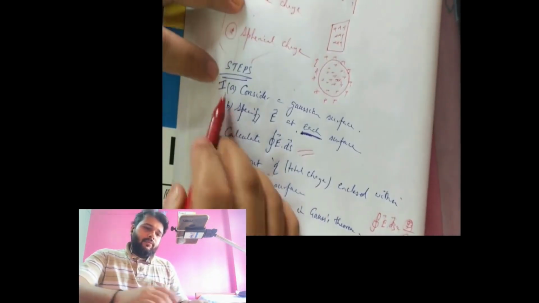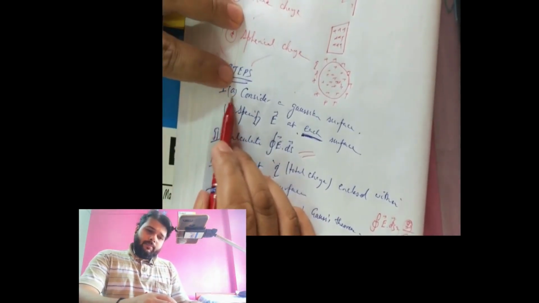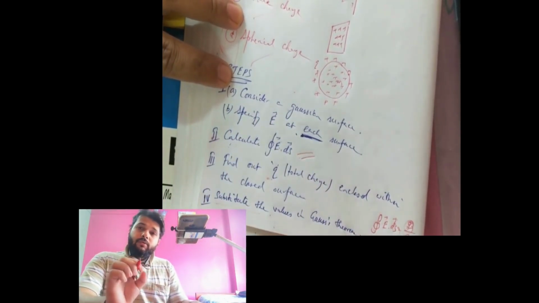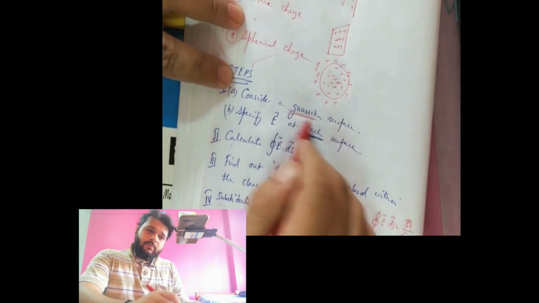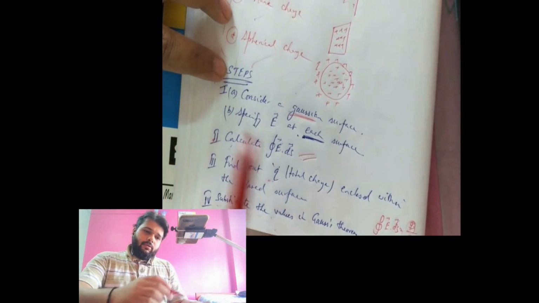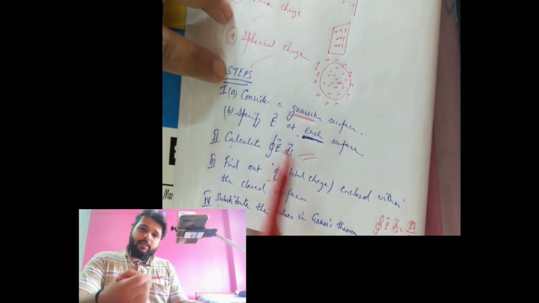Okay, in the first step, the first part is consider a Gaussian surface. I'll talk about this Gaussian surface afterward when I start finding the electric field.